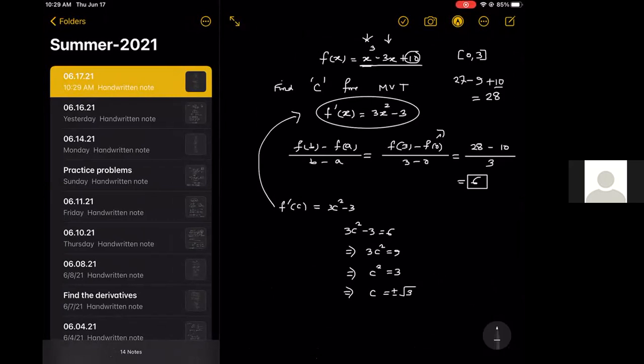It gives us a negative square root of 3 and a positive square root of 3. But we know this c has to be in the interval, right? And the interval is from 0 to 3. There is no way we can have a negative square root of 3. Very good. So our answer is this.